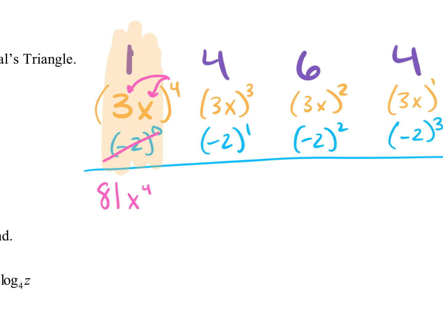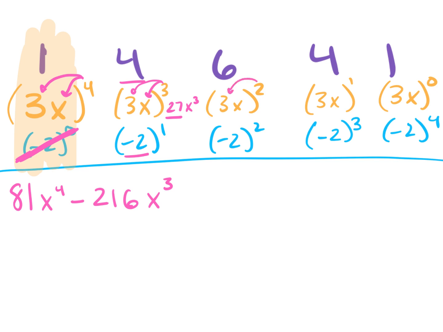Negative 2 to the power of 0 just goes away. Then here we need to distribute the 3 again. So 3 to the 3rd power would be 27x to the 3rd power. So now I have 27 times 4 times negative 2. So this would be negative 216x to the 3rd power.